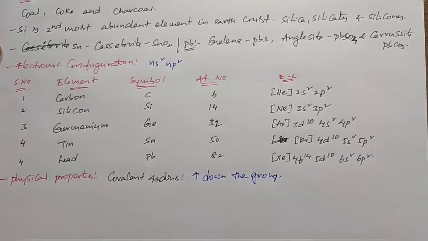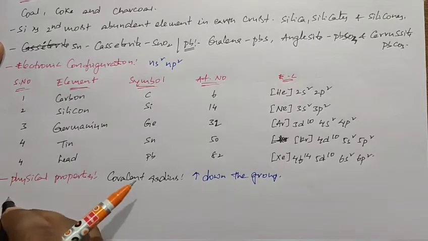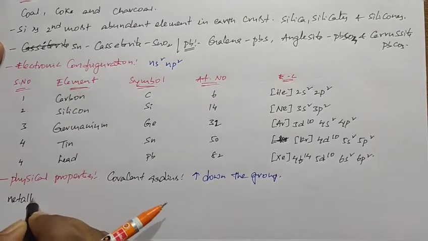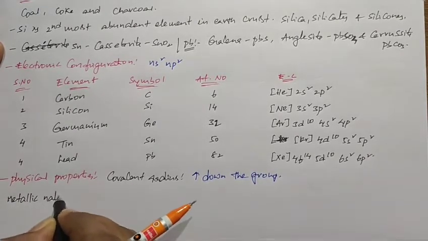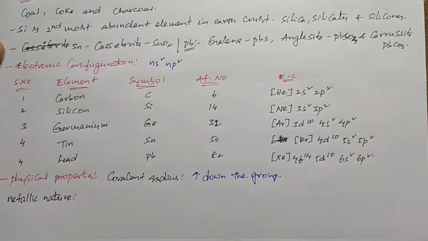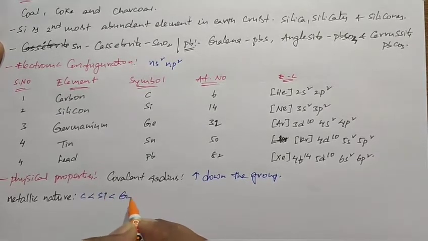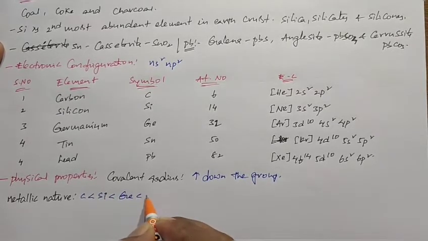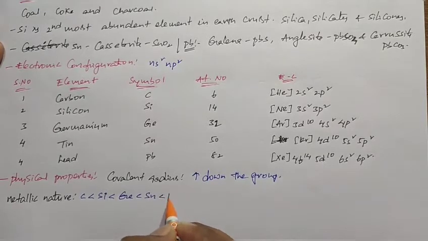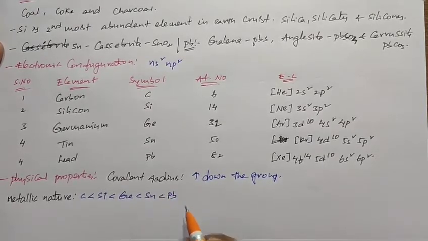Next is metallic nature. The metallic nature of group 14 elements increases down the group: carbon, silicon, germanium, tin, lead.